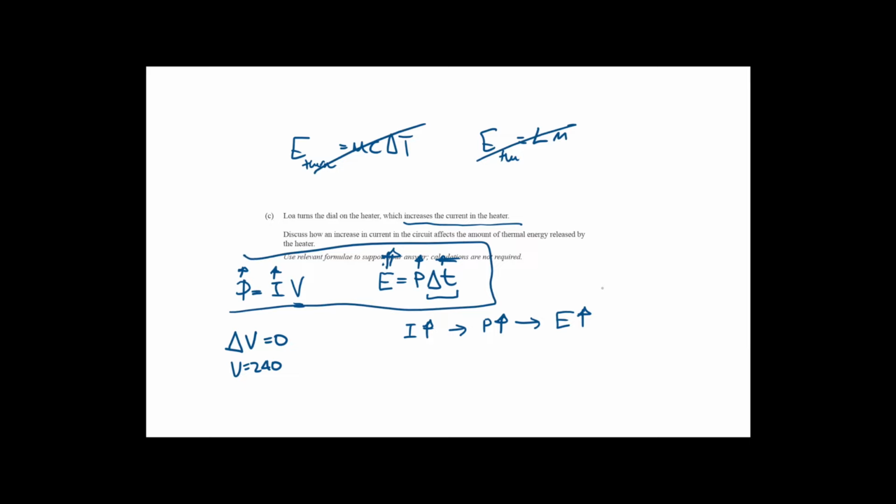So that's how you would answer that question. I wouldn't get hung up on the other formulas that deal specifically with the thermal energy, which is the mc change in temperature, or the latent ml. So I wouldn't use those. I would use these two formulae.